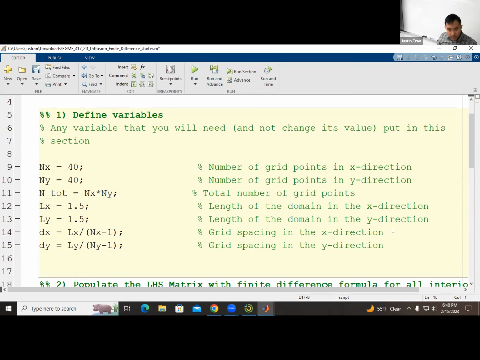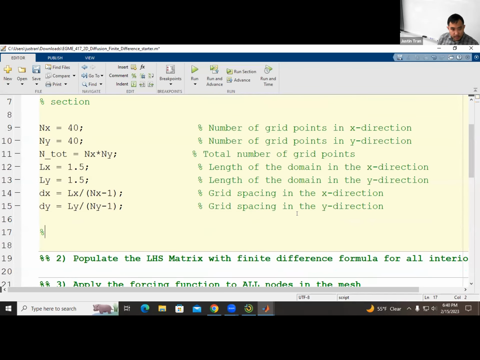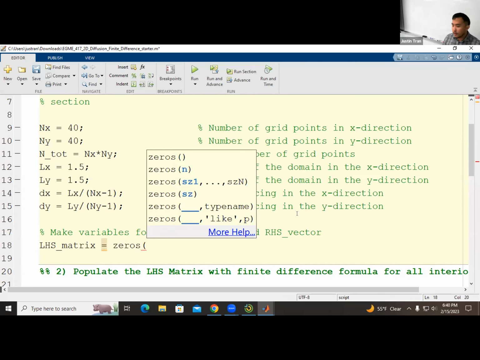Last thing I'm going to define up here is we need to make variables for the left-hand side matrix and right-hand side vector. Let's define the left-hand side matrix. We're going to use our trusty zeros function. Remember, the zeros function lets us create a matrix with all zeros.